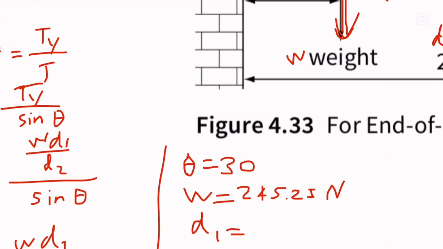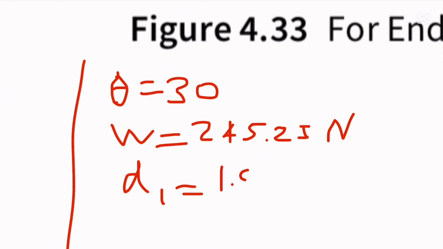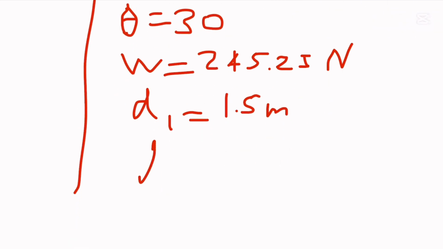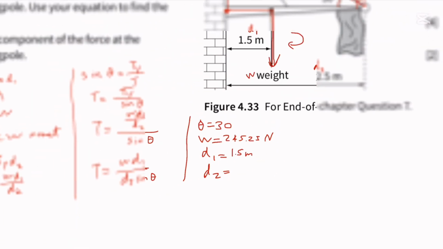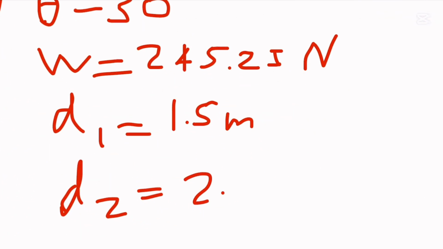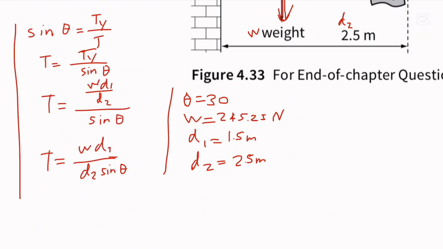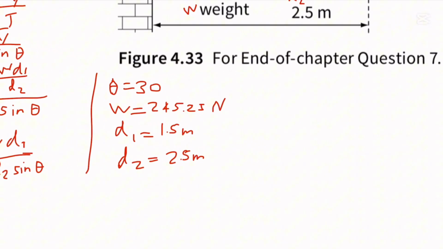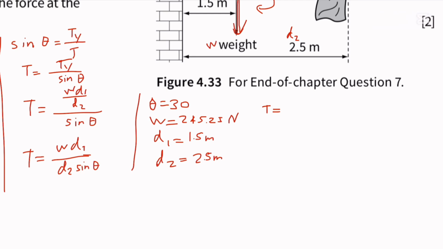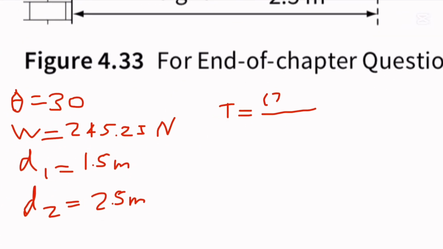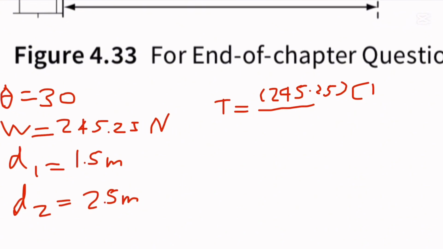Distance 1 is 1.5 meters, and D2 is gonna be 2.5 meters. Alright, so now you need to substitute it in. So T equals 245.25 multiplied by D1, which is 1.5, over D2.